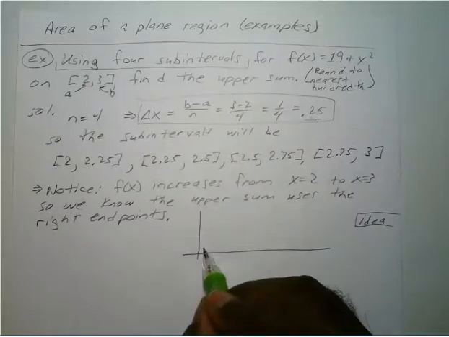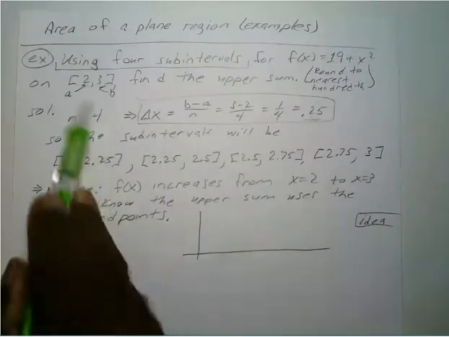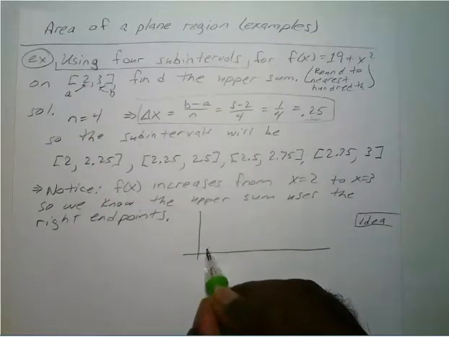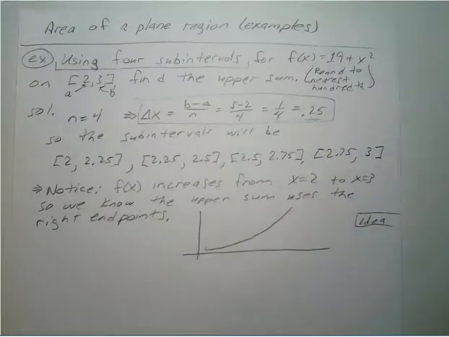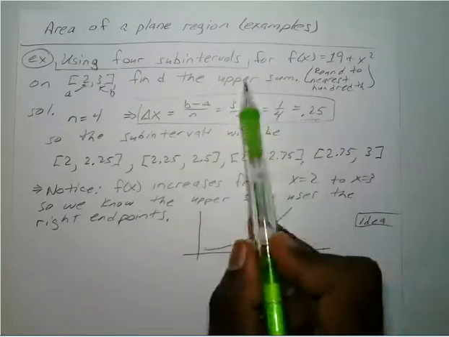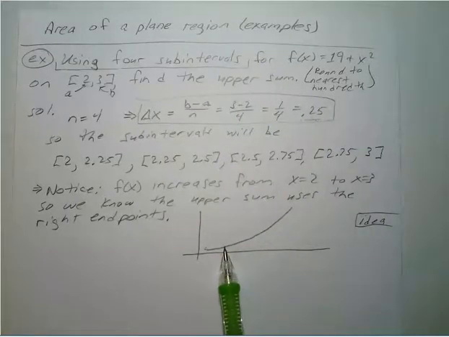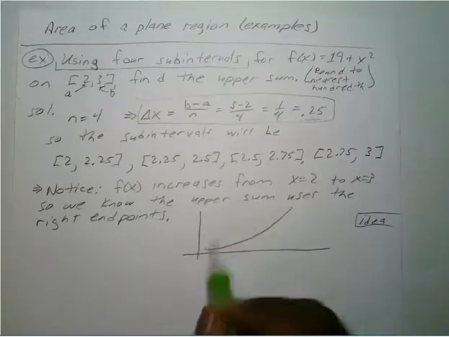Since our function is increasing from 2 to 3, we're going to show an increasing graph. Now since we have an upper sum, we're not going to have the rectangles below the graph. We're going to have them above the graph.